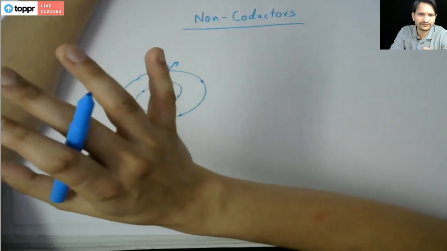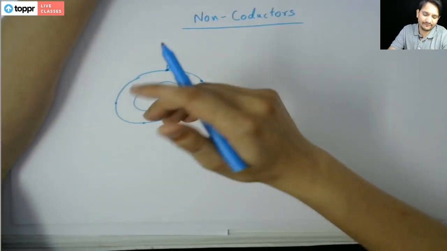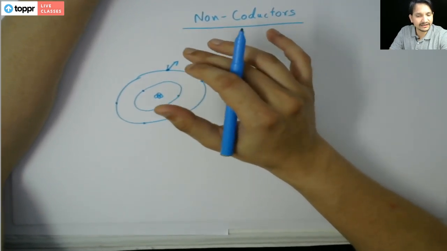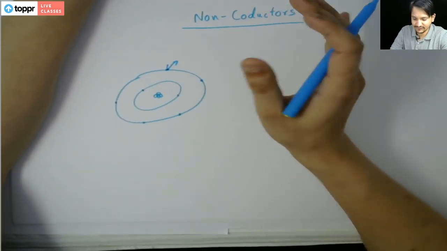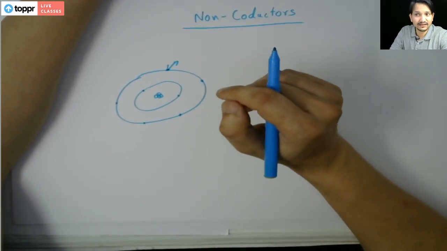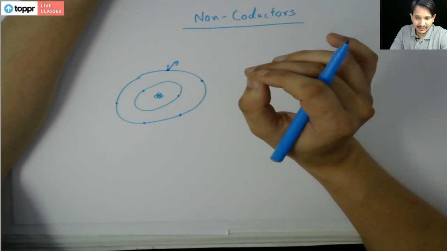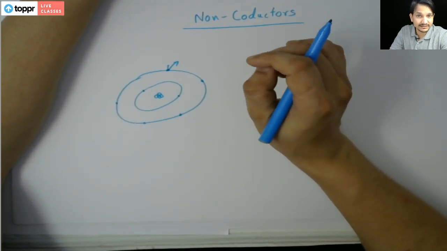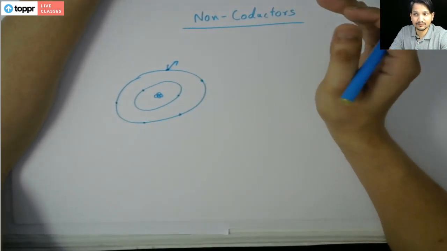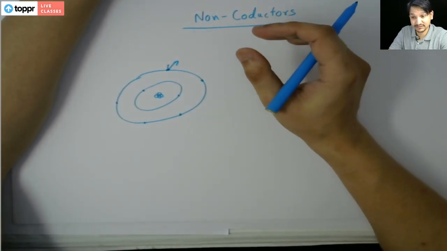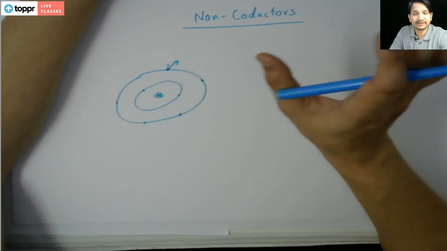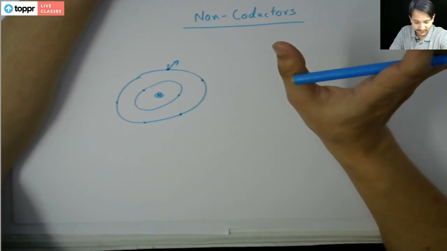They would not give off electrons so easily, so they have a stable electronic configuration, and conduction of electricity is not easy for them. It cannot be said to be impossible, because every kind of matter can conduct electricity at a very, very high potential difference. If you provide extremely high voltage, even air can conduct electricity, but we are not going into that matter right now.